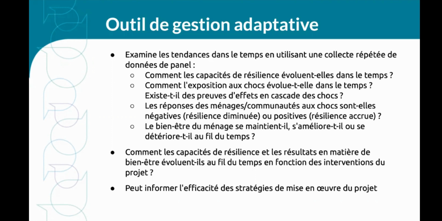And importantly, for adaptive management, an RMS system should be looking at how project interventions or activities are influencing household resilience capacities and outcomes over time. How successfully is the project enhancing a household's ability to recover from shocks, and if not, what are the problems?